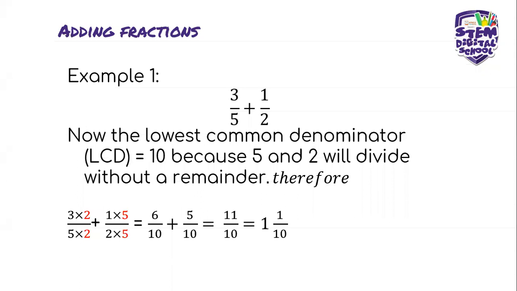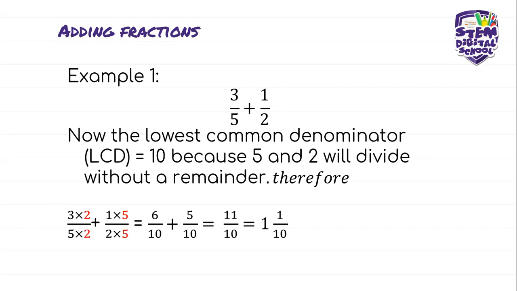So 11 over 10 on its own is something called an improper fraction. Remember that in an improper fraction, the numerator is bigger than the denominator.